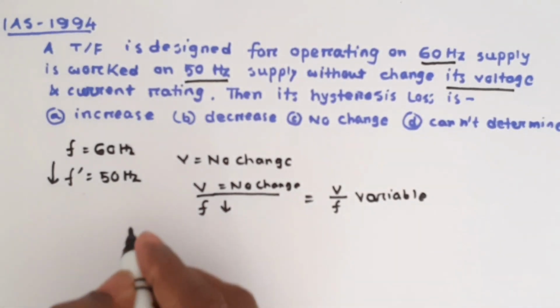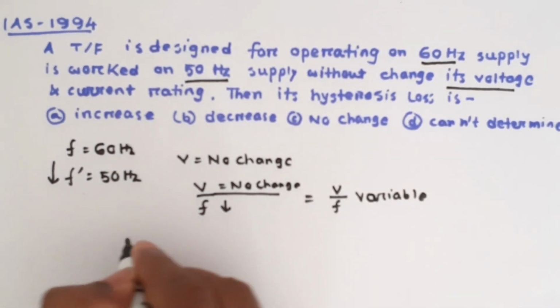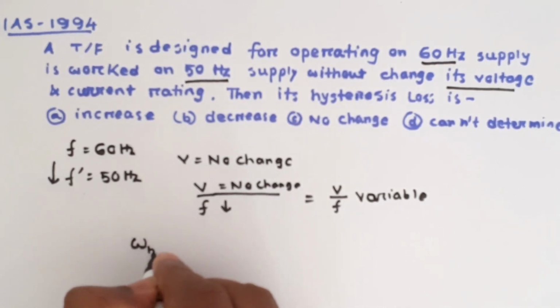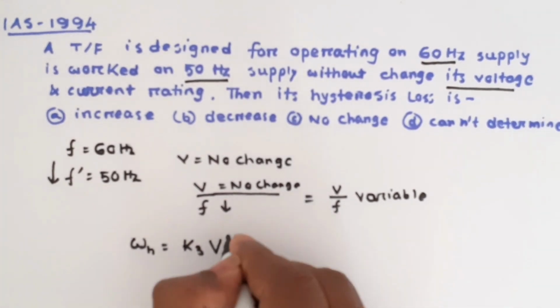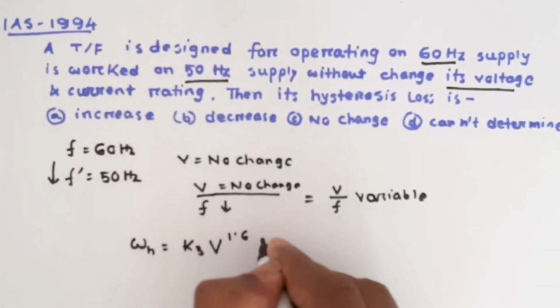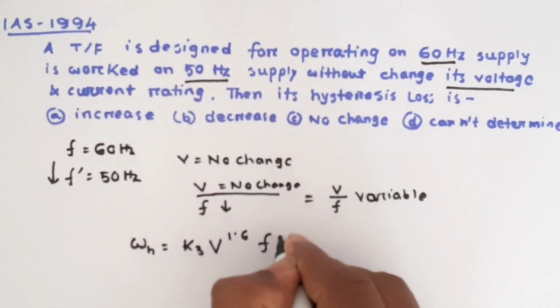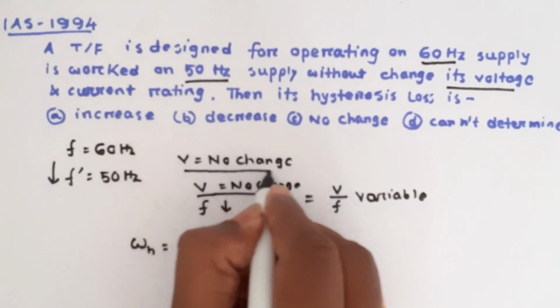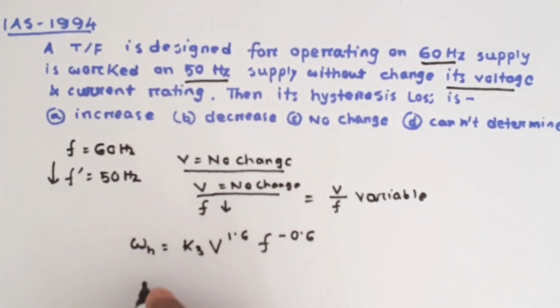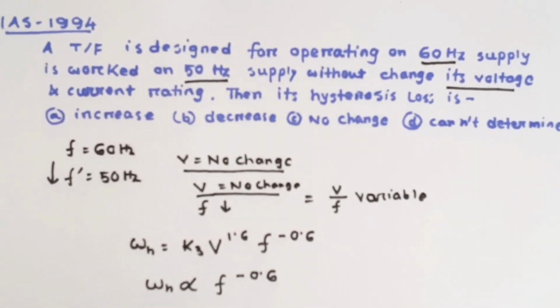If V by F is variable, then you know the hysteresis loss formula: W of H equals some constant K3 into voltage to the power 1.6 into frequency to the power minus 0.6. Here voltage is constant, no change in voltage. Therefore W of H is proportional to F to the power minus 0.6.